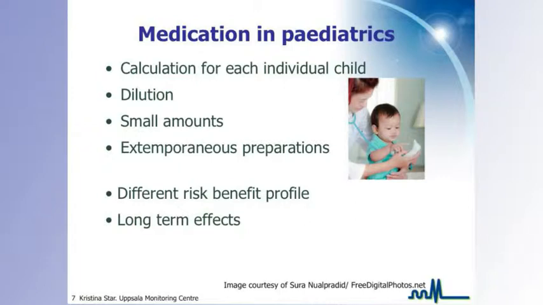extemporaneous preparations. Another consideration is that children, most of the time, have their whole life in front of them. So they could have a different risk-benefit profile, and that's good to have in mind. Also, drug therapy during childhood might affect, or problems might be detected later on in life, that could have a correlation with a drug, but that's really difficult to detect.